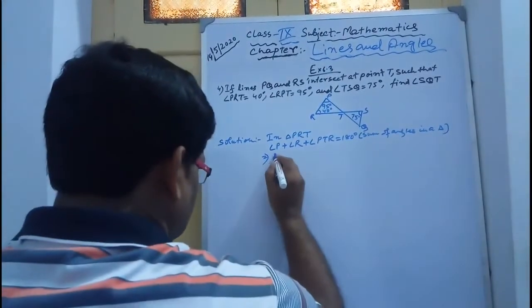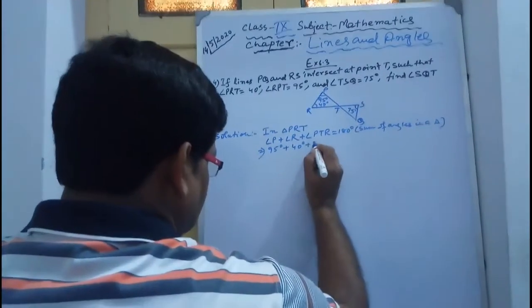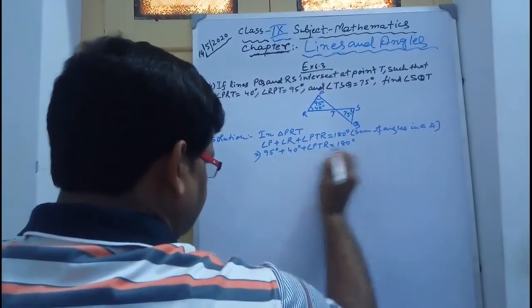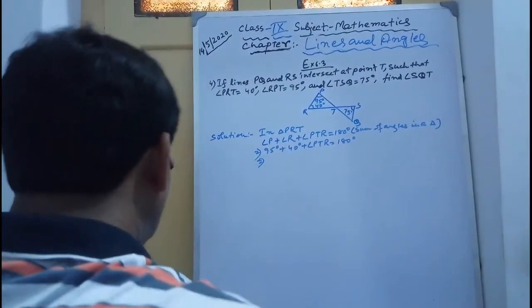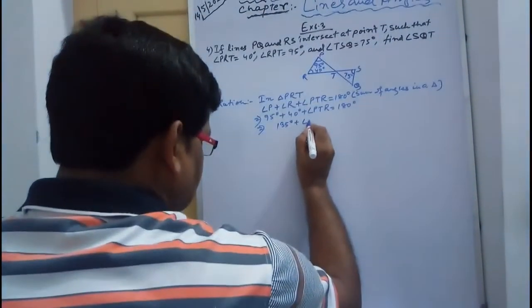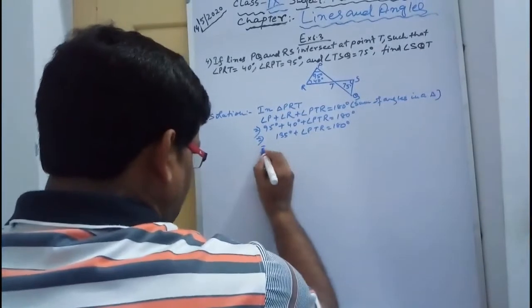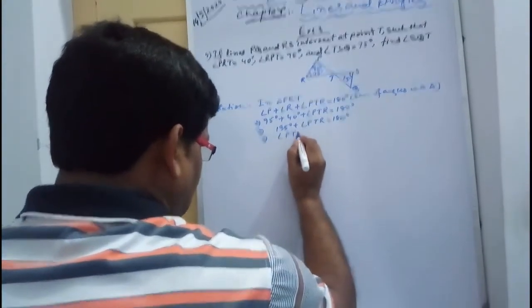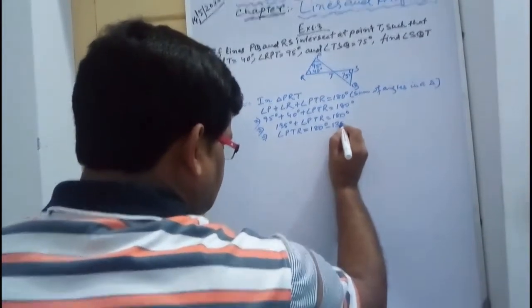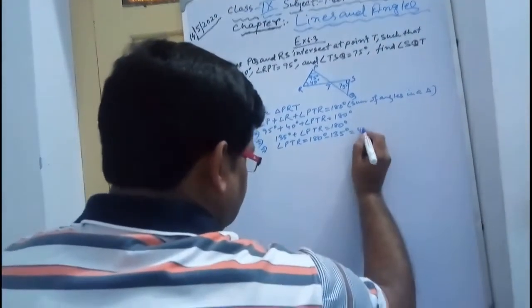Angle P is 95 degrees plus 40 degrees plus angle PTR equals 180 degrees. Adding, 135 degrees plus angle PTR equals 180 degrees. So angle PTR equals 180 degrees minus 135 degrees, which is equal to 45 degrees.